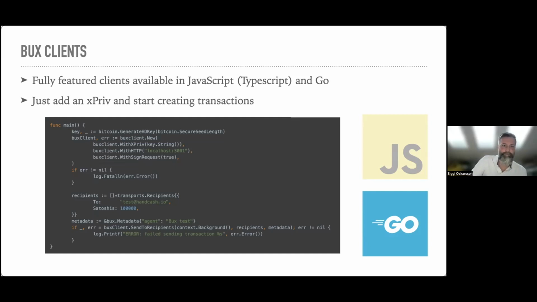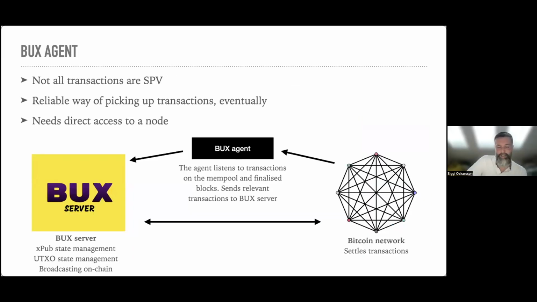So the agent that I mentioned earlier is to solve a problem, because not all transactions are peer-to-peer, and they're not going to be able to do everything via SPV. And the goal of the agent is to be reliably able to pick the transaction up eventually.